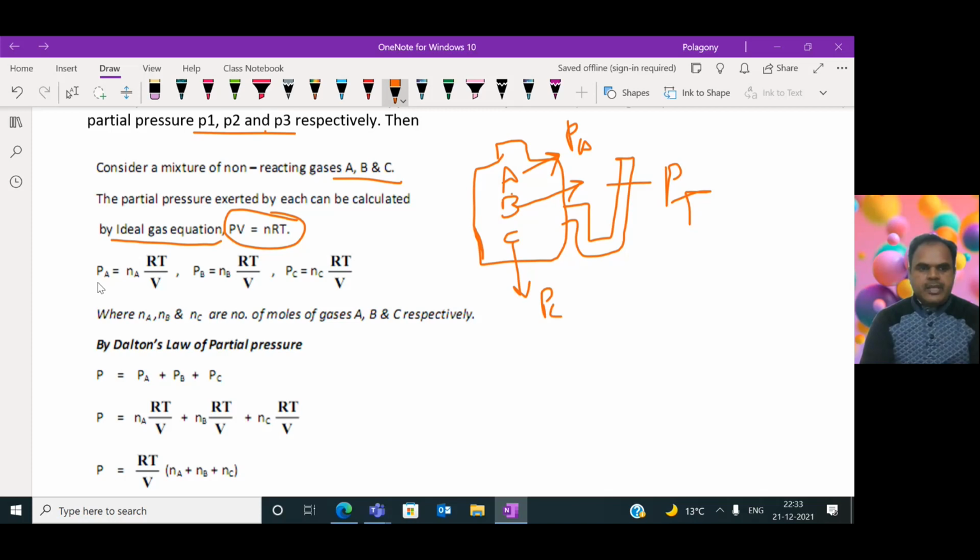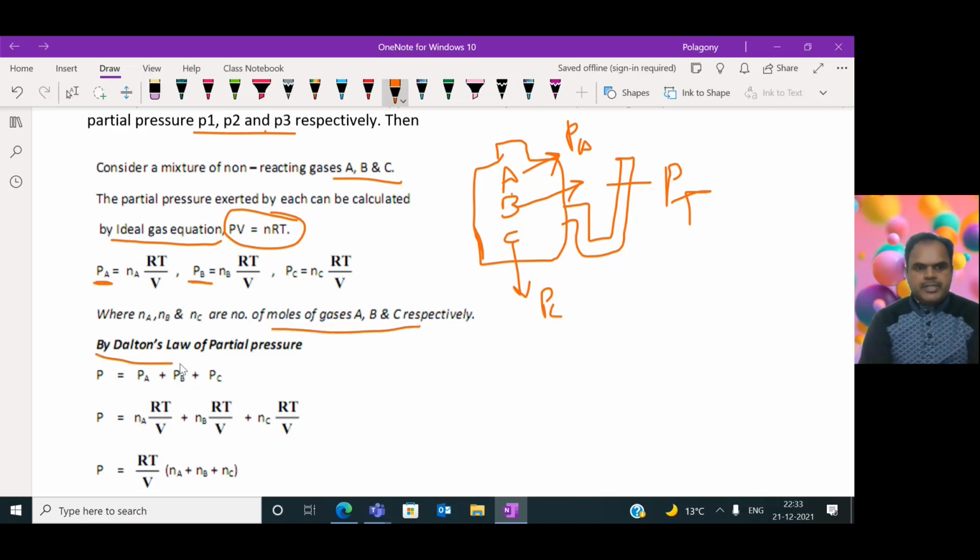For example, the partial pressure exerted by the A component is equal to its number of moles Na times R times T upon V, where R is a constant, T is the constant temperature, and V is the constant volume. Similarly, PB equals NB RT upon V, and PC equals Nc RT upon V, where Na, NB and Nc are the numbers of moles of gases A, B, C respectively.